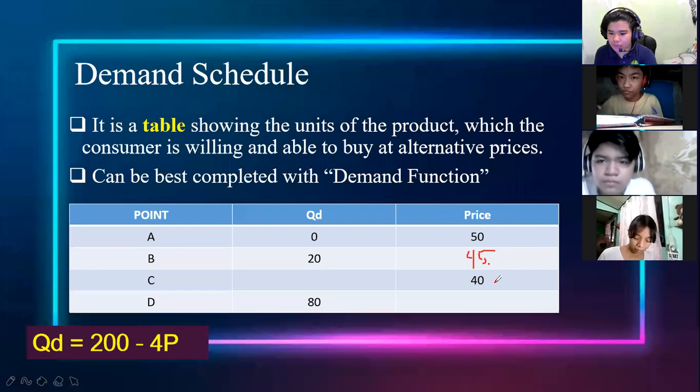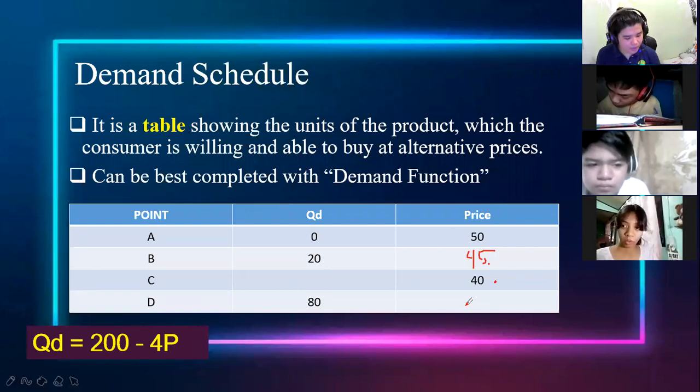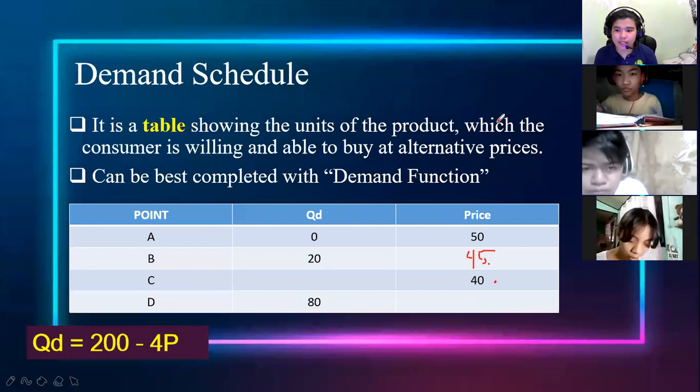So 4 times 40 is 160. So 200 minus 160, it's 40. So our quantity demanded is 40.